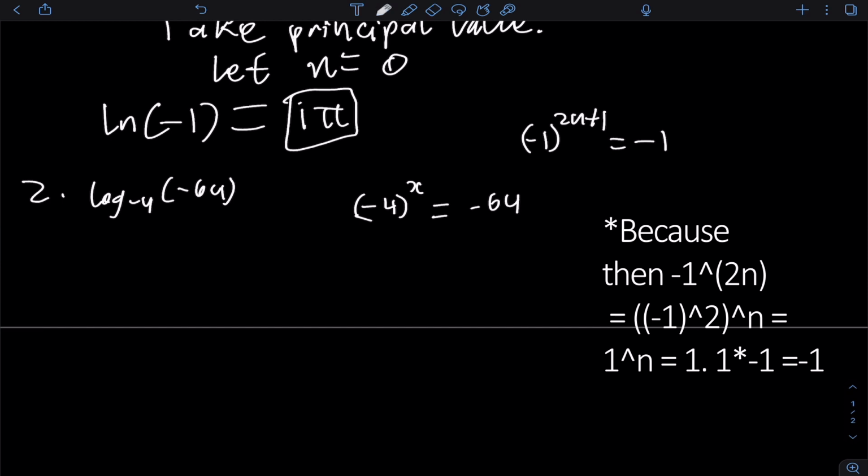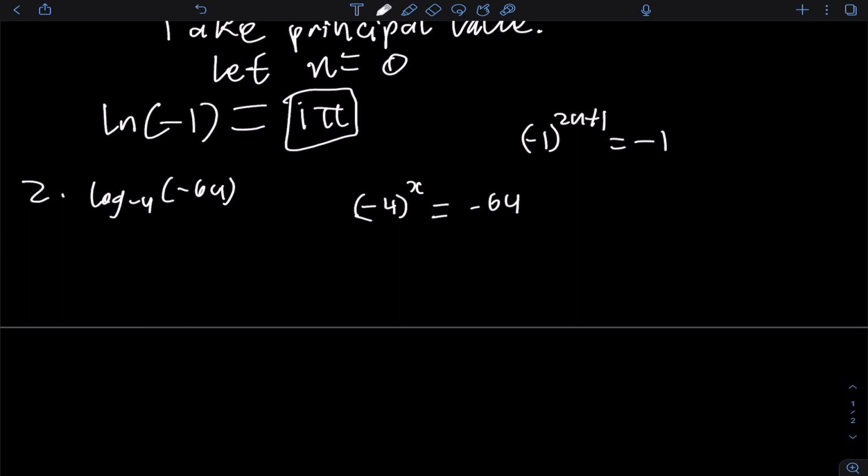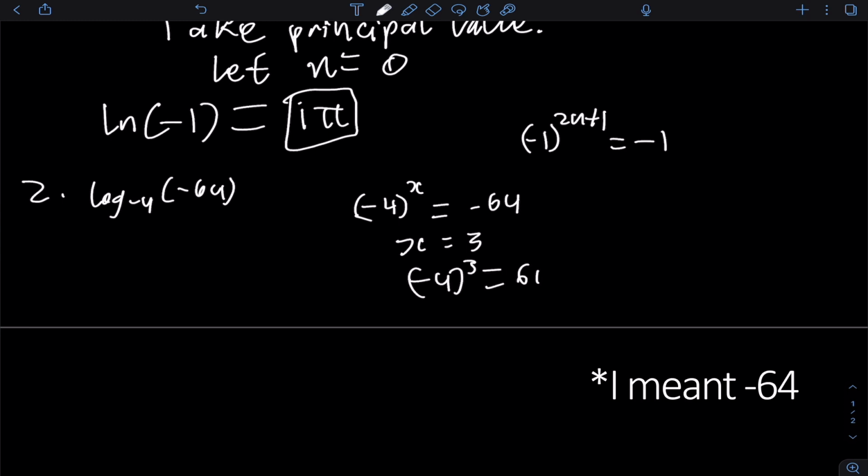So we know that this will always be negative when we raise this to an odd power, and -4 to the power of 3 will be -64, which is exactly what we have here. So a valid solution to this logarithm is x equals 3, because -4 to the power of 3 is indeed -64. However, there is more to this that I will elaborate on later.